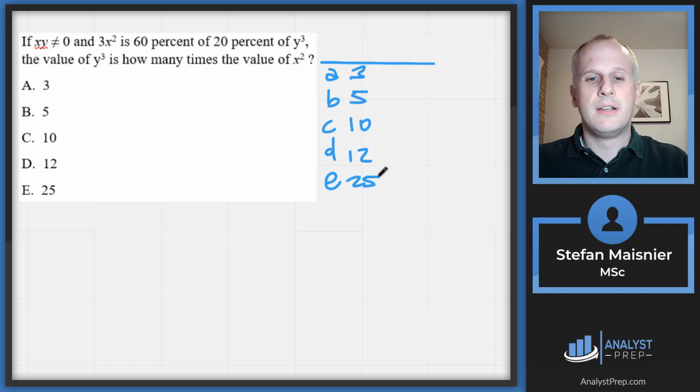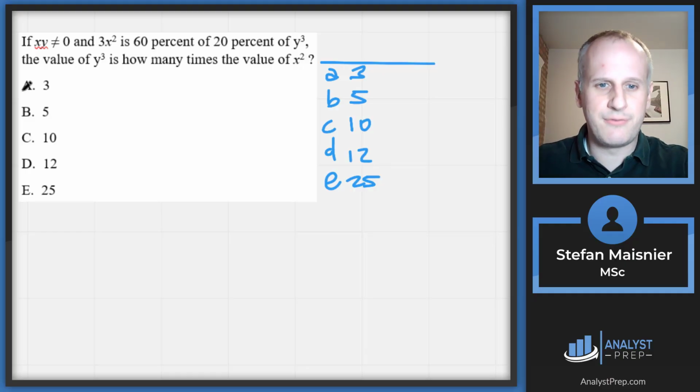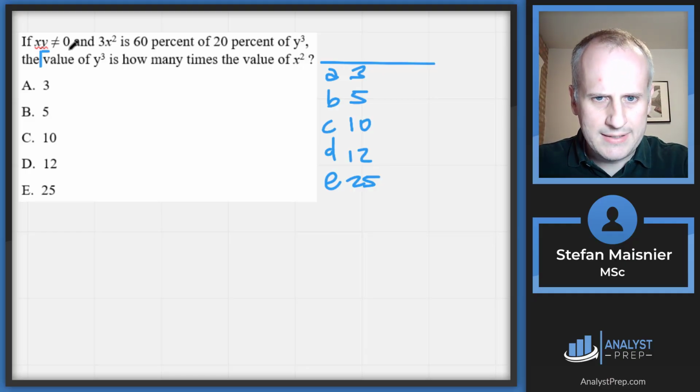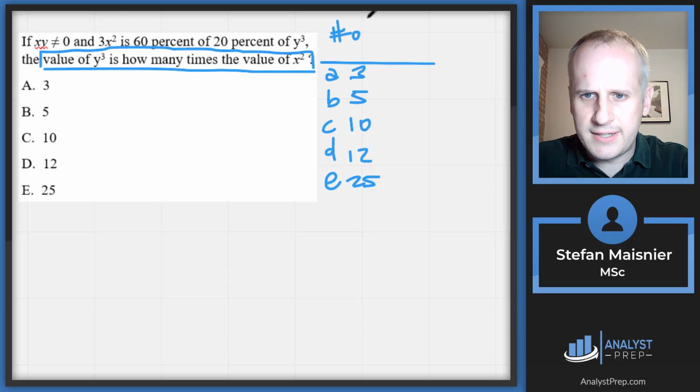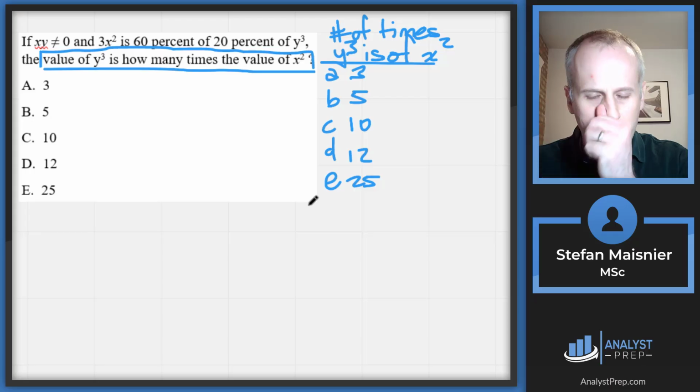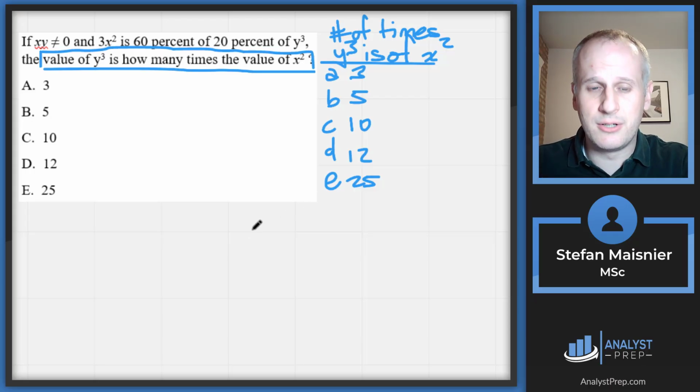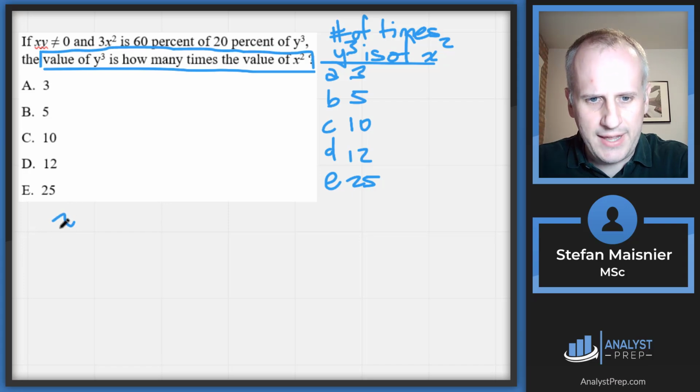So we've got our question. We're looking for the value of y is how many times the value of x. So we're looking for the number of times y cubed is of x squared. So we immediately want to go to set up the information as presented. We are told that x times y is not equal to 0.